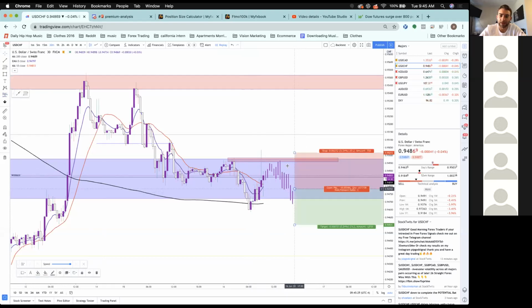I will put my stops above this wick right here, or above this level, so around 30, 2 pips or so.